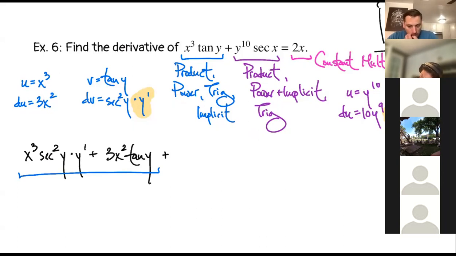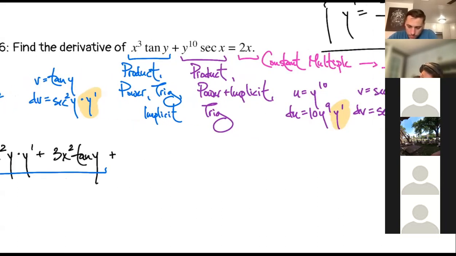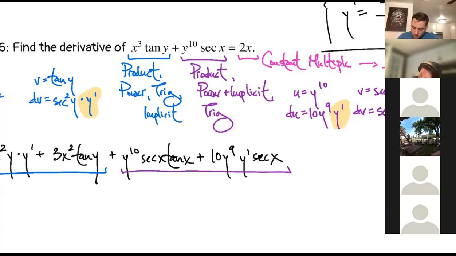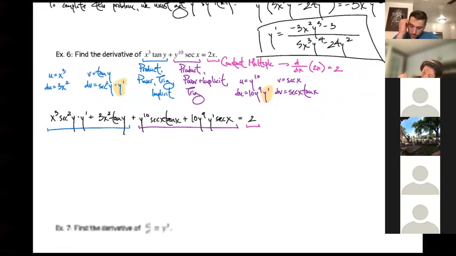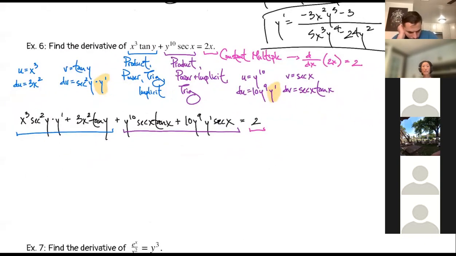So let's see, we're going to get y to the 10th secant x tangent x plus 10y to the 9th y prime times secant x, and all of this is in the purple, equals what's in the pink? That derivative is 2. Okay, so we've set up everything, we've got all of our derivatives, we are done with the calculus part.